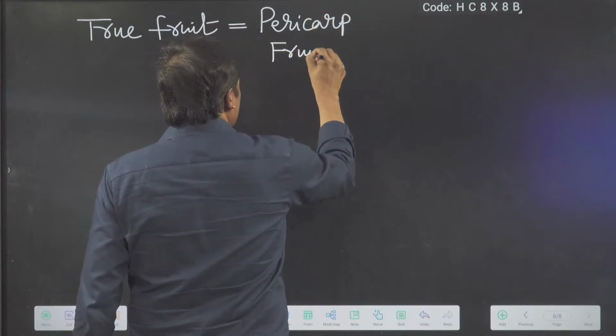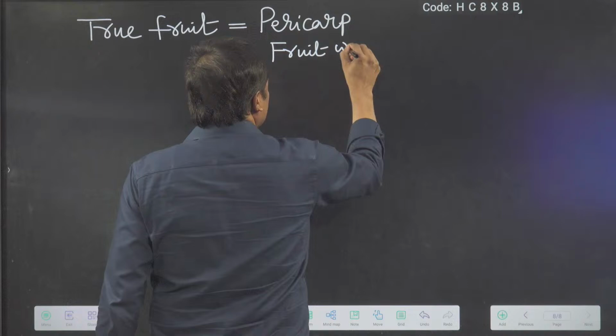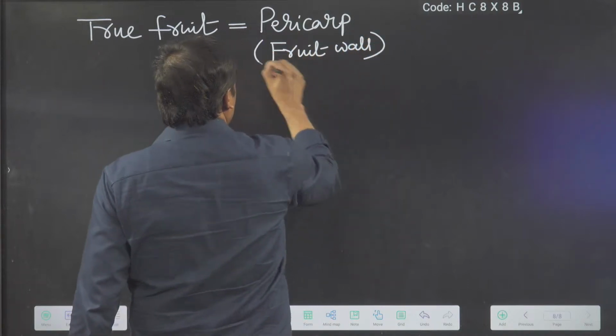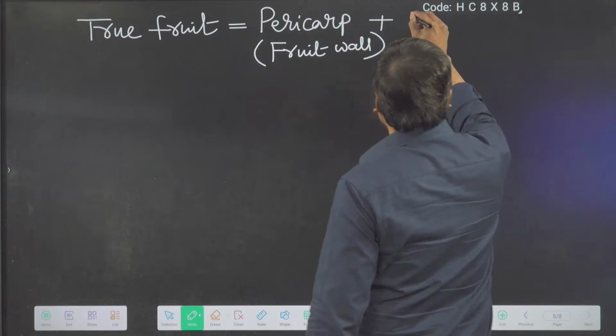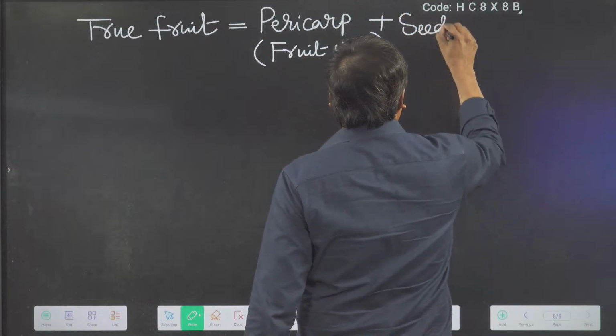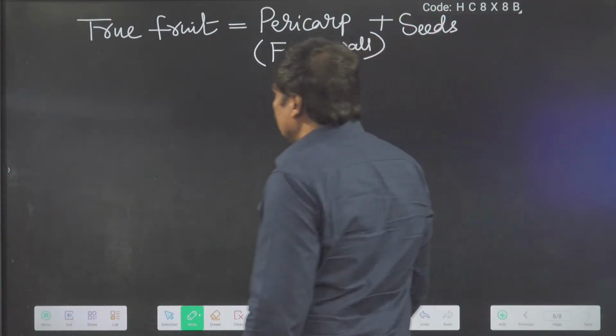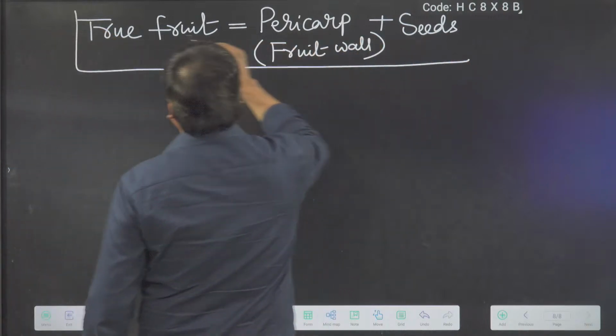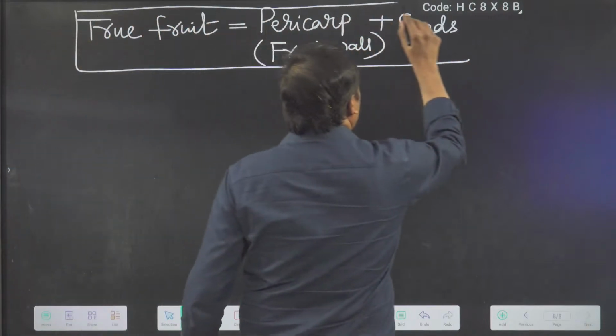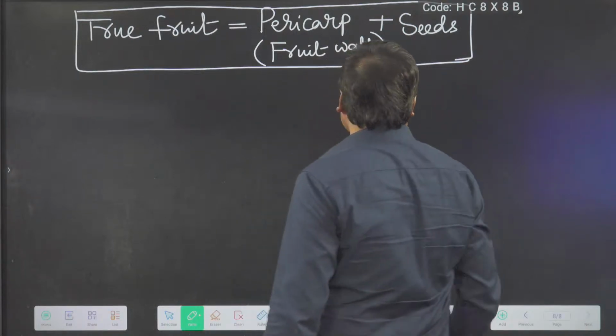Pericarp is nothing but fruit wall, plus seeds. True fruit is equal to pericarp plus seeds.